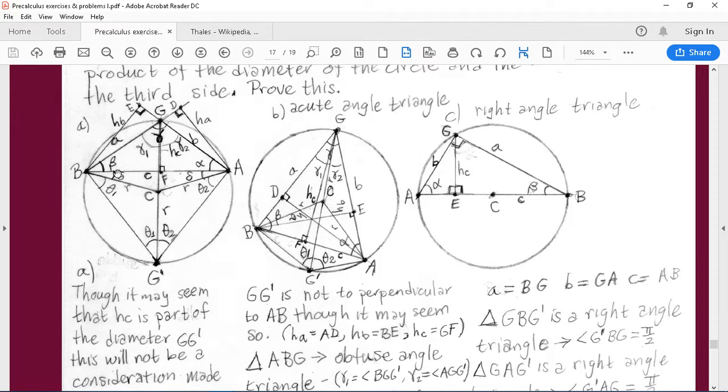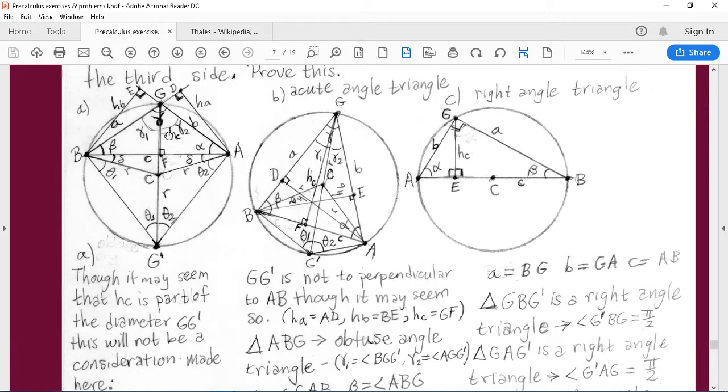So then let's remember that HA over C equals HC over A. Remember that A is cathetus BG.